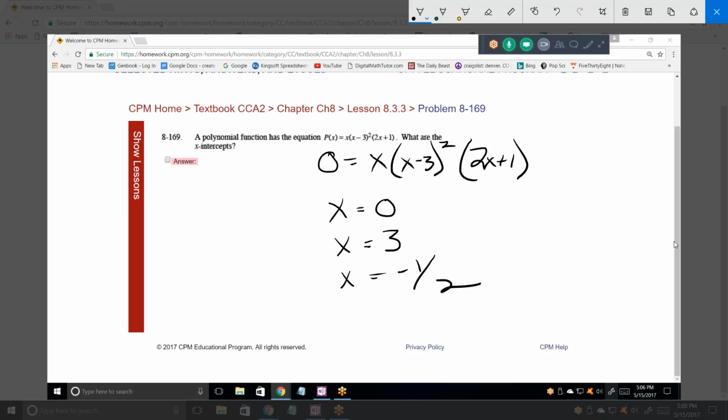Because x minus 3 squared is the same as x minus 3 times x minus 3, so that has multiplicity of 2. These each have multiplicity of 1. And the sum of your multiplicities will equal the degree of your polynomial. So you always will have 4 solutions to a quartic. It's just that 2 of them might be the same, as in this case here.